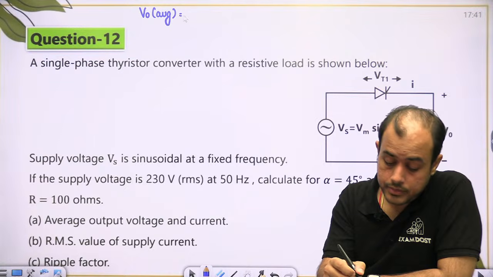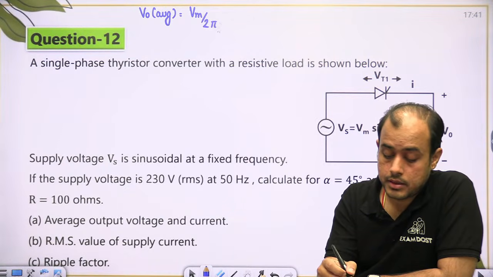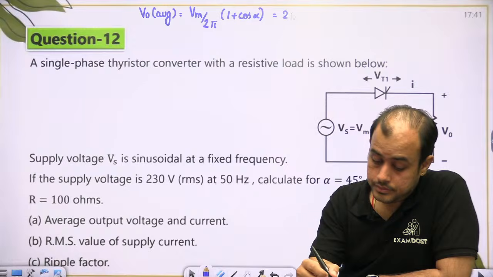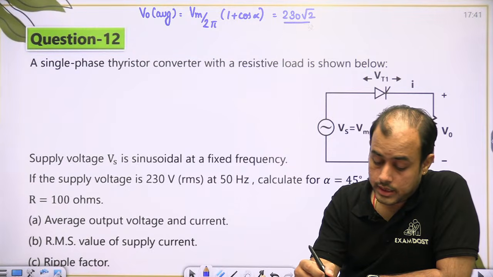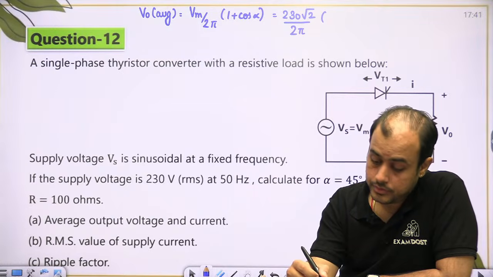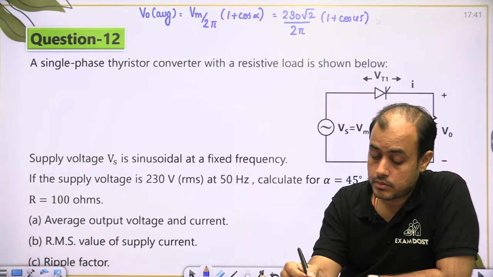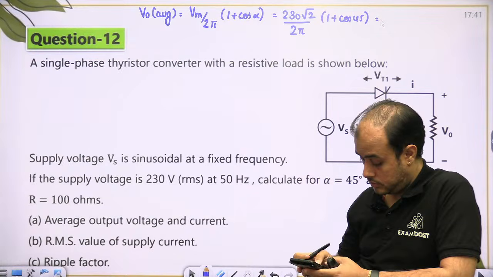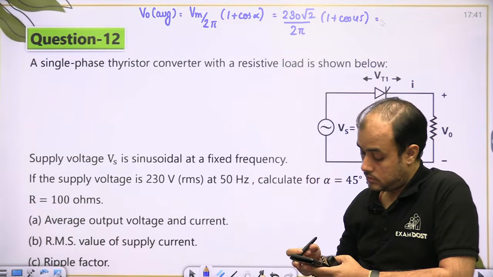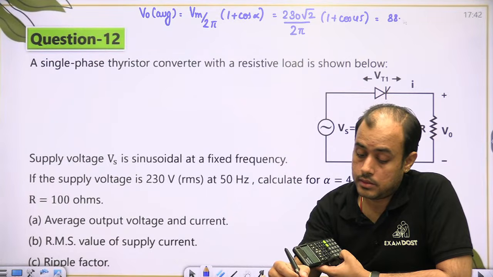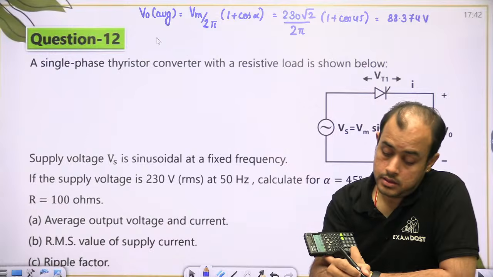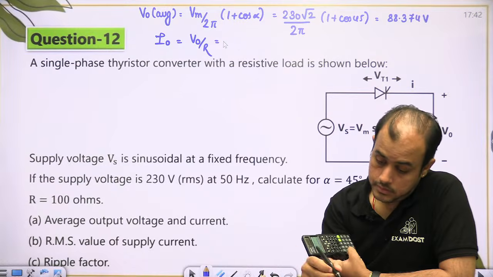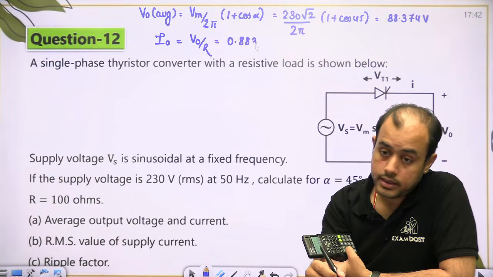Now average is Vm by 2 pi, 1 plus cos alpha. √2 by 2 pi. 0.8837.